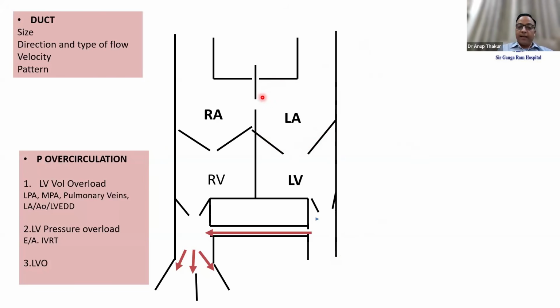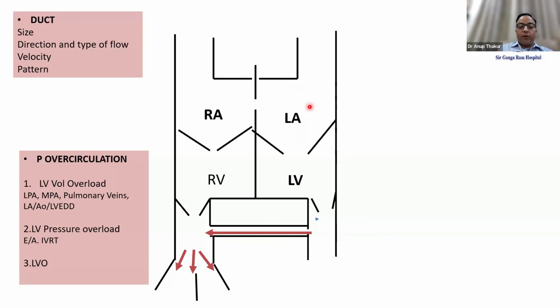When the LA starts to dilate, again, the duct could be hemodynamically significant. We measure a parameter called the LA aortic ratio. We measure the maximum dimension of the LA and index it to the aorta. The aorta will not change, so the LA aortic ratio can tell us whether the duct is significant or not.